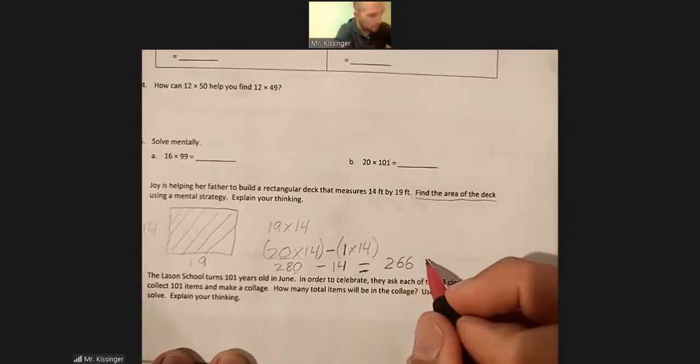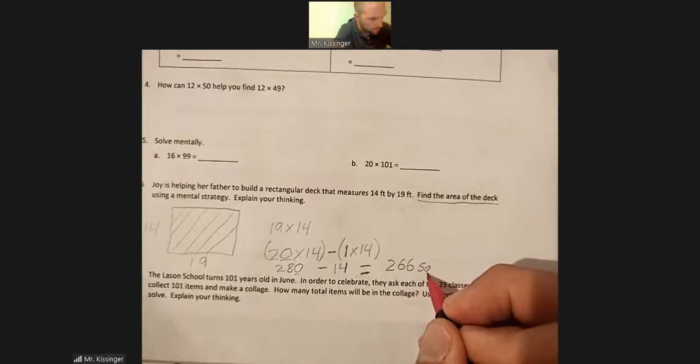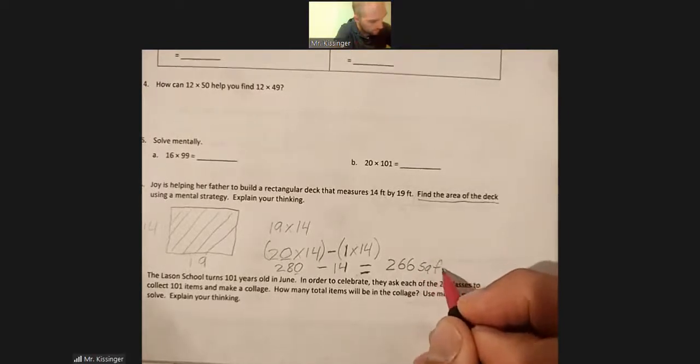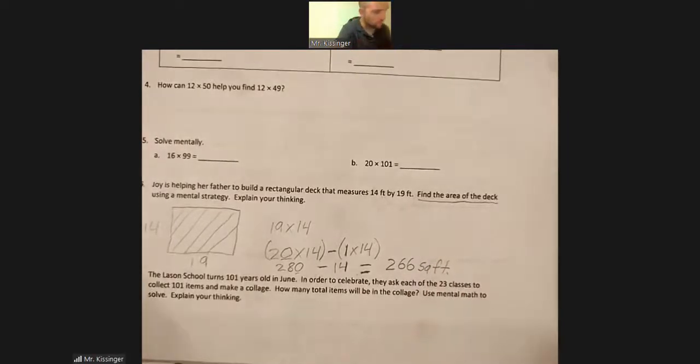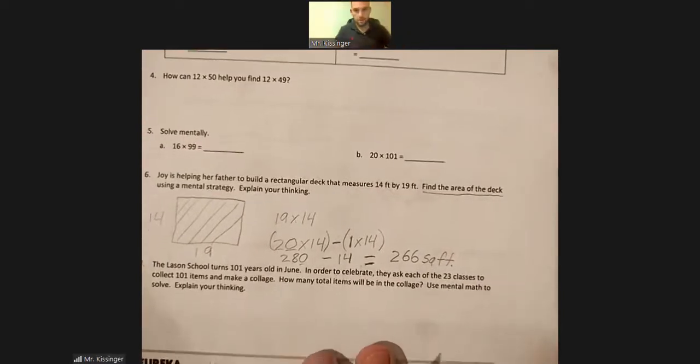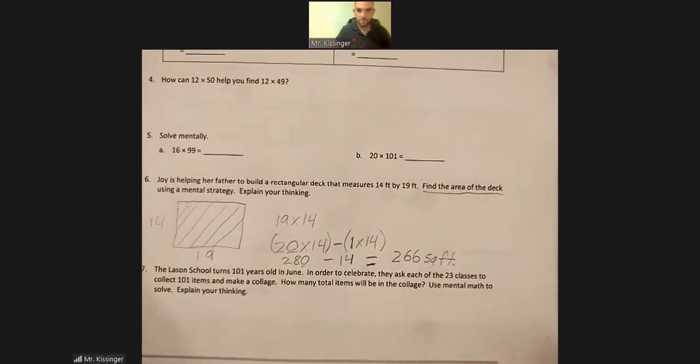Let's make sure that we add our units, which was square feet. And that's that. So we have our deck that's 14 feet by 19 feet, and the area is 266 square feet.